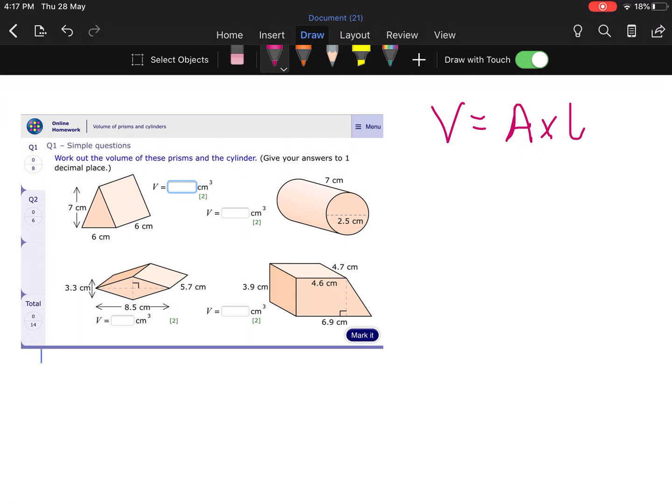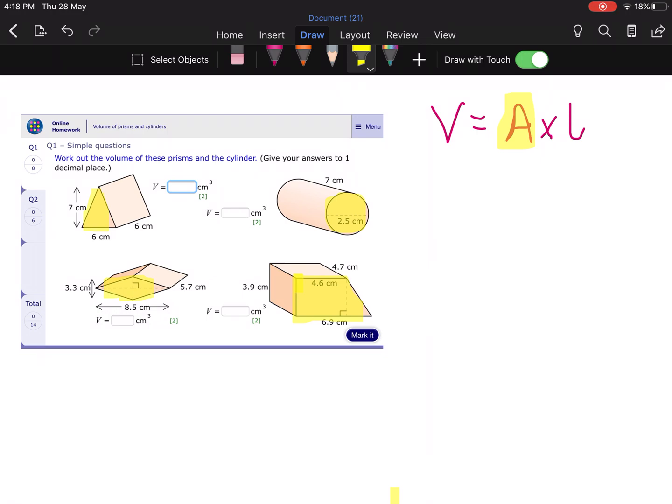So area of the front face. Now when I mean area of the front face, I mean this is the front face. This is a front face. This is a front face. And this is the front face.